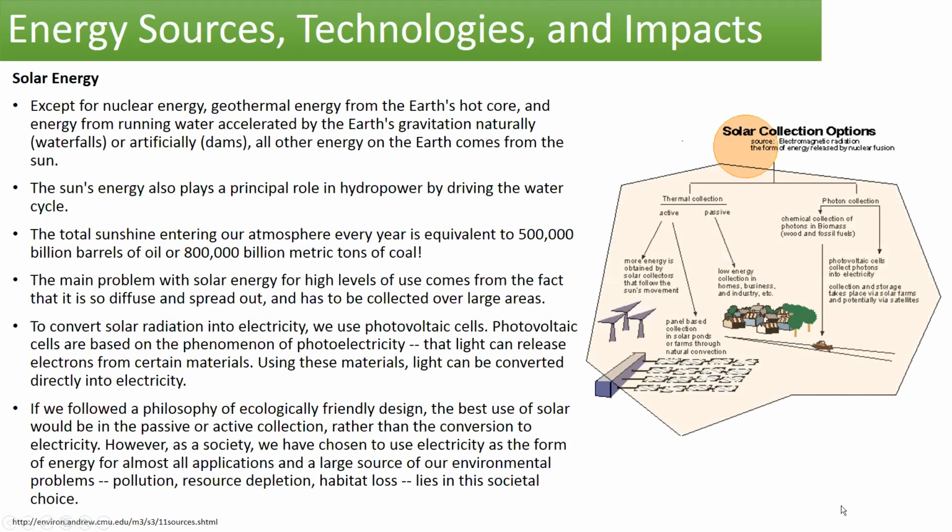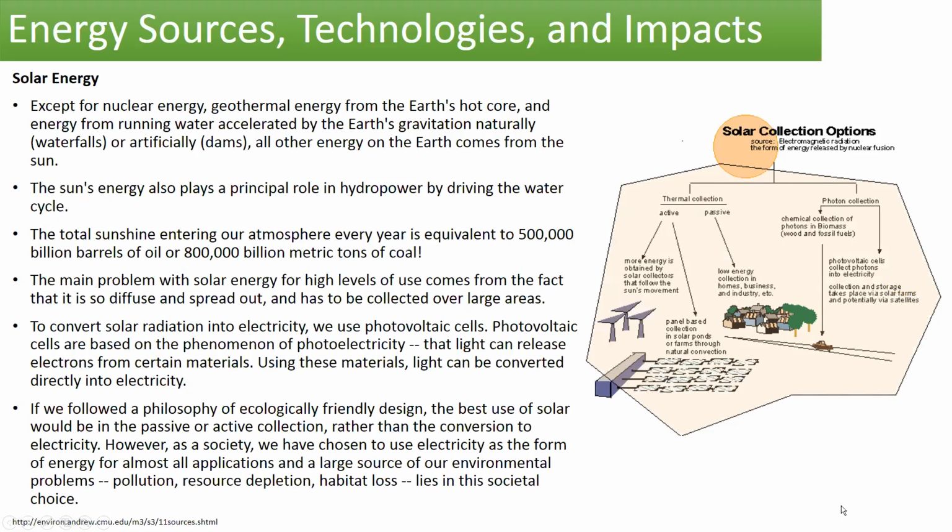Well, I was going to talk briefly about solar energy. Solar energy has been there since the beginning of the entire system. There are different ways to understand solar energy. We can say that we have solar energy as thermal collection or photon collection.